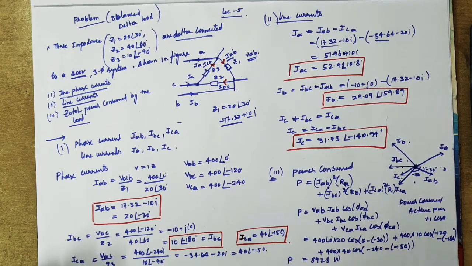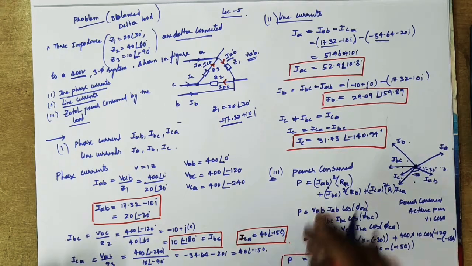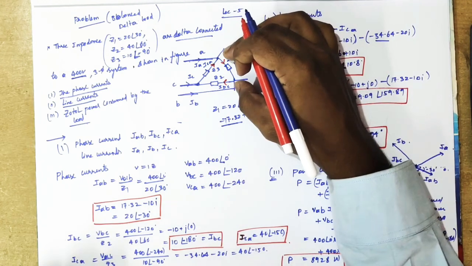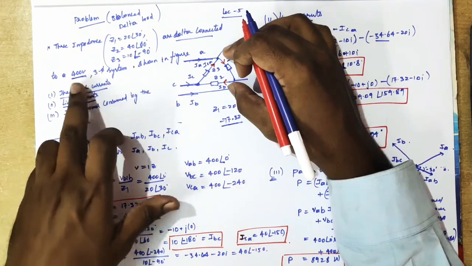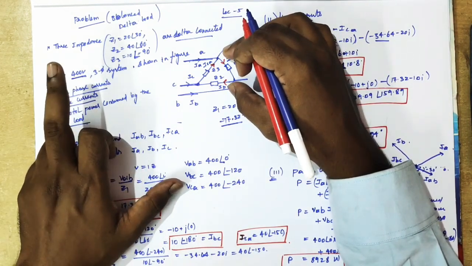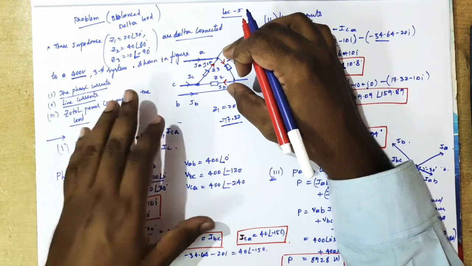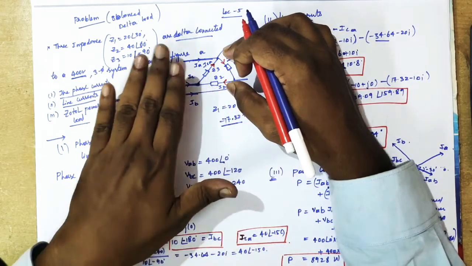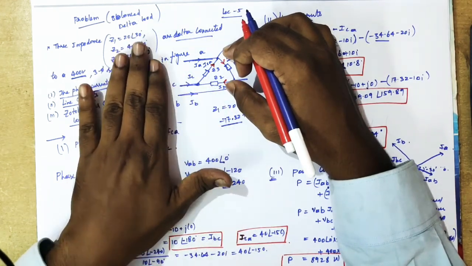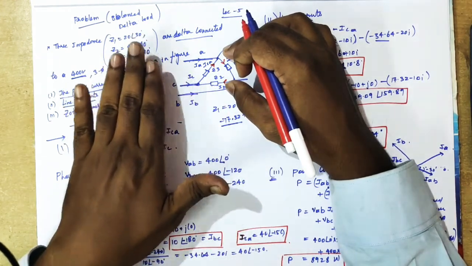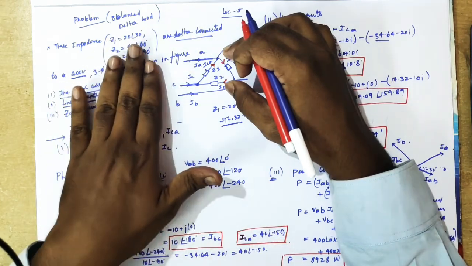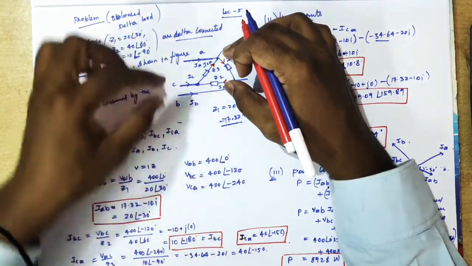Okay, this is the total power consumed by this delta load, fed by a 400 volt line voltage three-phase system. You may have a doubt whether the source is delta connected or star connected. You need not worry about what the source is. You need to worry only about the line voltage.